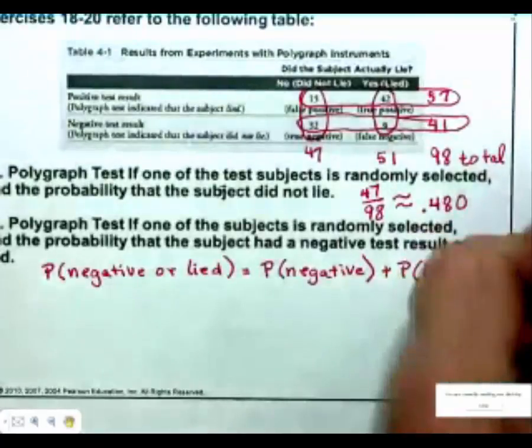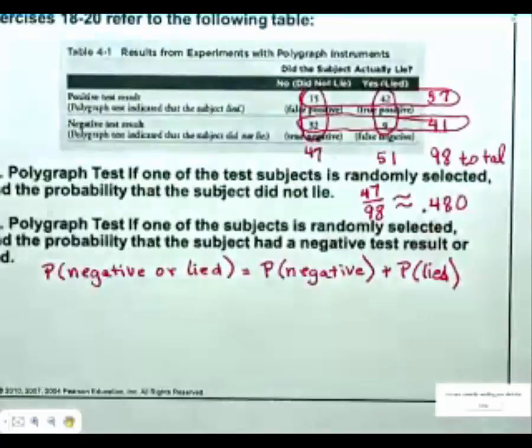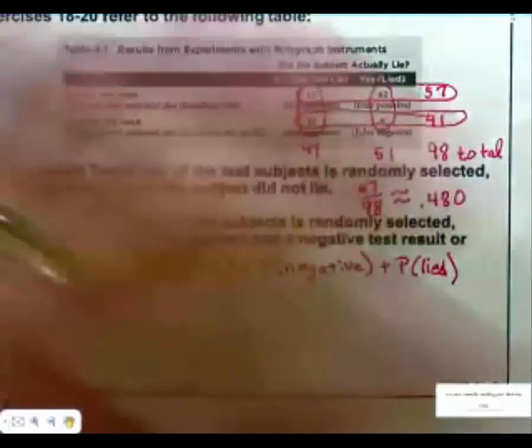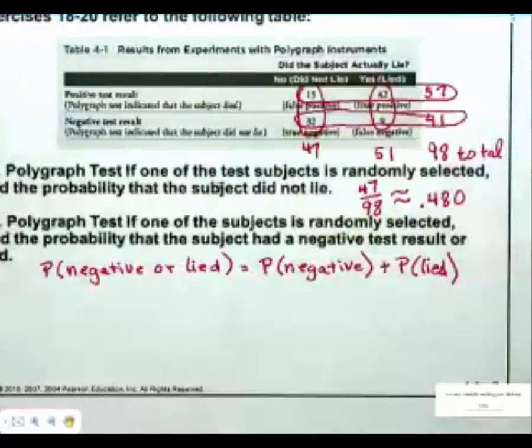But then what? If I just add those 2 probabilities and do nothing else, why is that not going to be right? Well, I do have to divide, but something else.